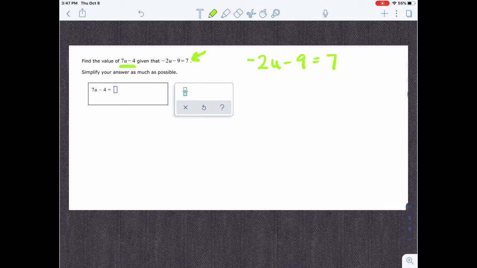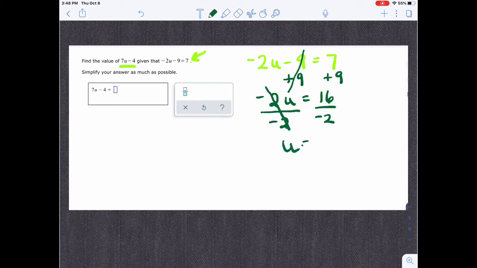All right, so here I want to add 9. Remember, I'm working far away from the variable. Keep this negative 2u equals 16. Undo this times by dividing. And I will get u equals -8. Okay, key information.